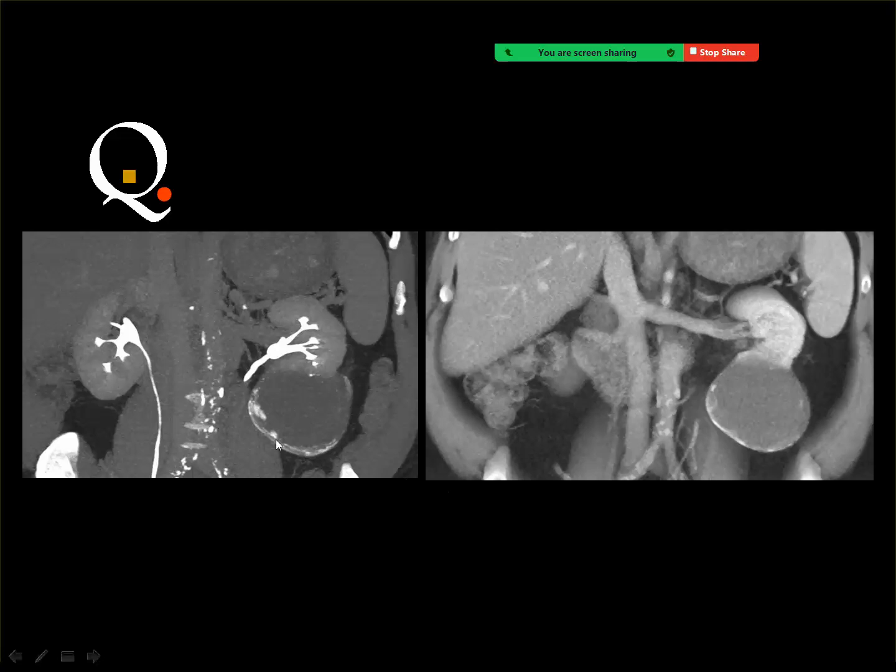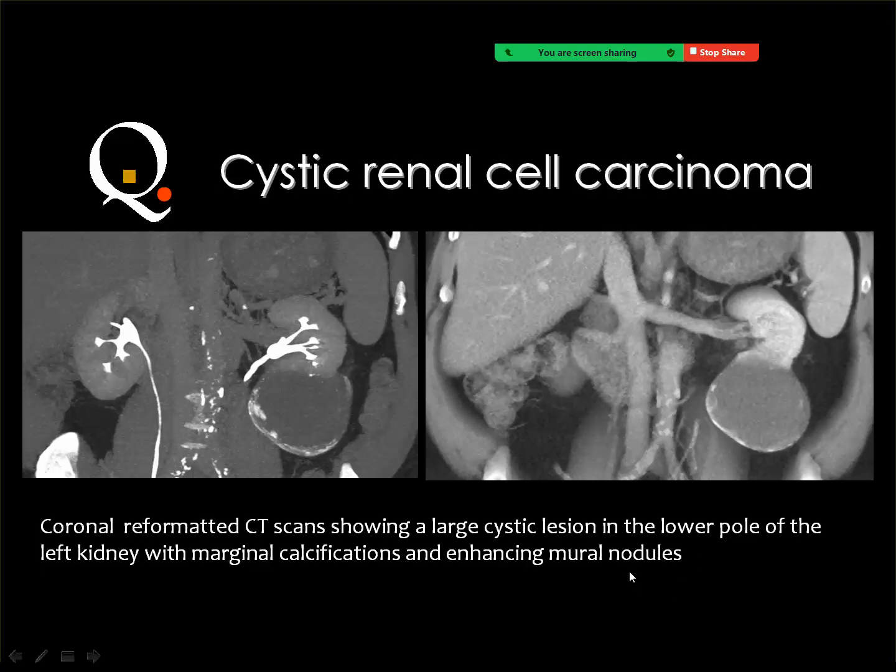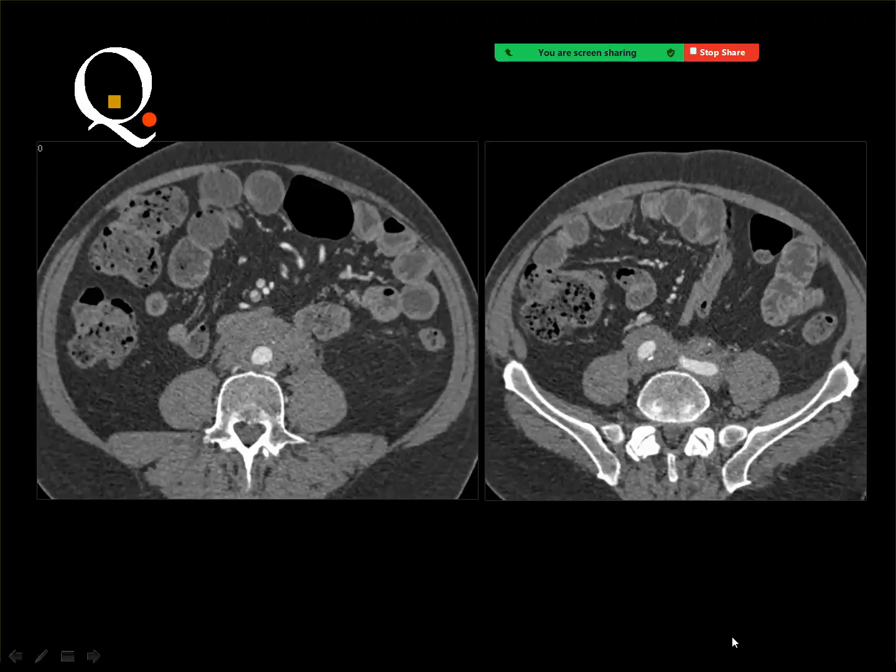Okay, of course, this is not a simple renal cyst. It is an atypical renal cyst, and it shows some enhancing mural nodules, especially in its inferior part. And the presence of mural nodules in a cystic lesion indicates that this is carcinoma, and that diagnosis will be cystic renal cell carcinoma.